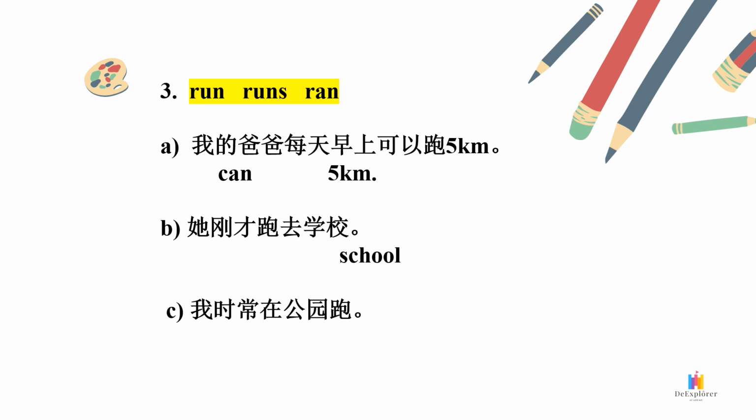In where? In 在哪里? In, it's not to. In the park. In the park. 公园 got park. So write your subject, write your verb. Before your verb, remember always. Always. You see? Okay. So that's for sentence 3C.